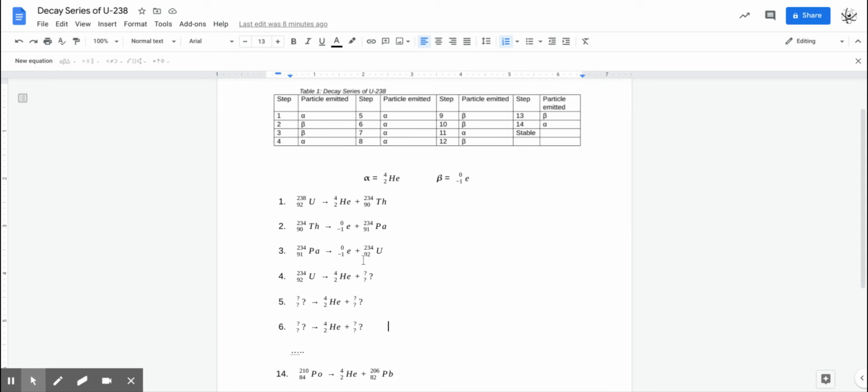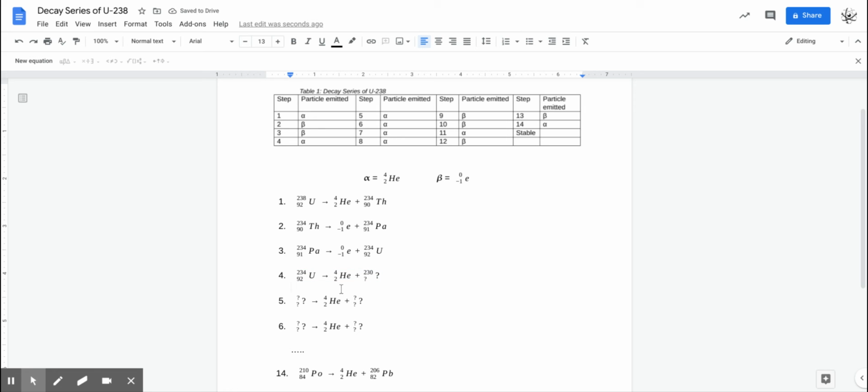So now that I know that the daughter atom of step 3 is uranium-234, that means in step 4, uranium-234 is the parent. And step 4 in my table is given as an alpha decay. So that means that I'm going to emit the alpha particle first, and I need to solve for my daughter atom. So for the mass number, 234 minus 4 gives me a mass of 230.